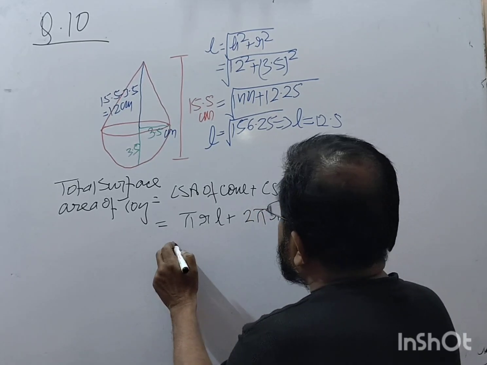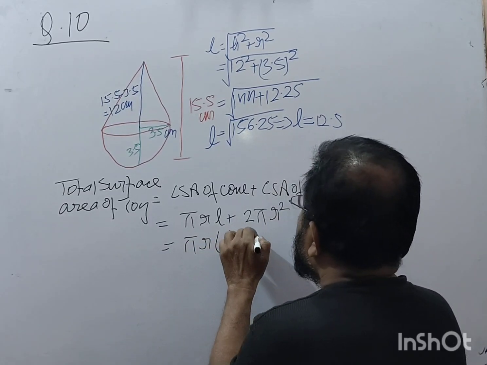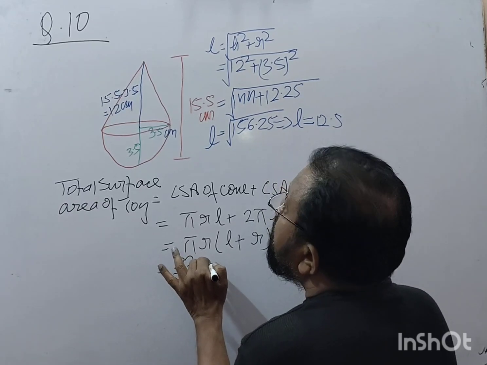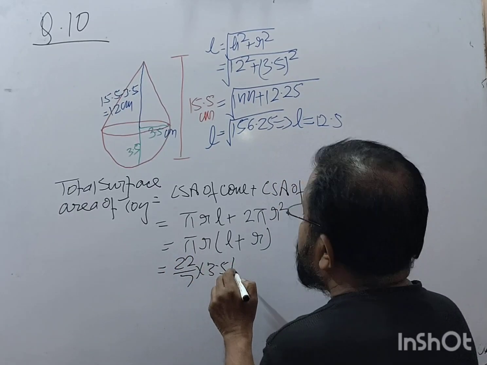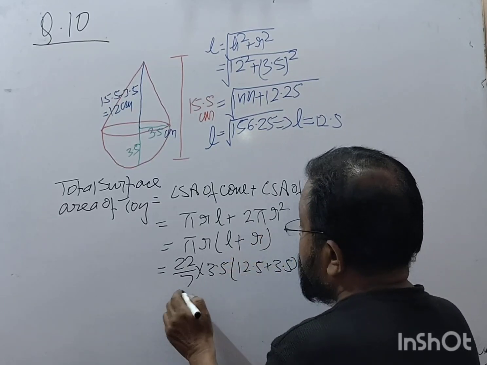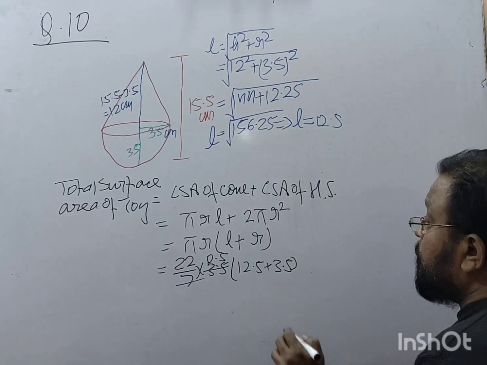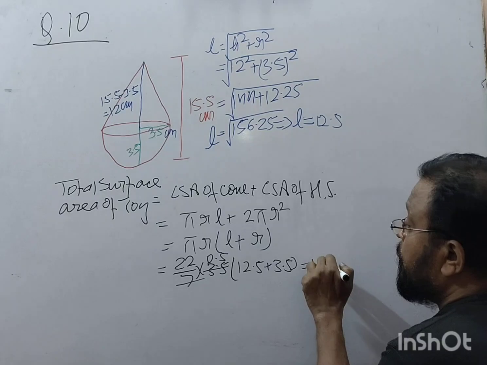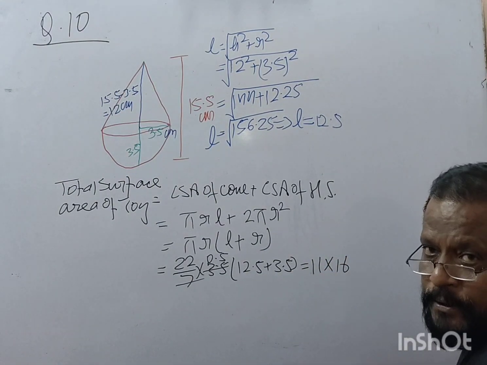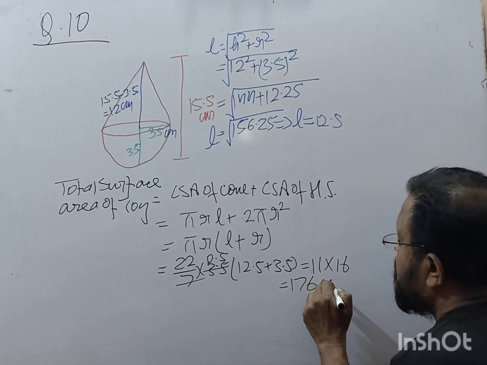Taking pi r as common, it becomes L plus 2r. So it is 22 upon 7 into 3.5 into 12.5 plus 3.5, and you get 11 into 16, which is 176 centimeter square.